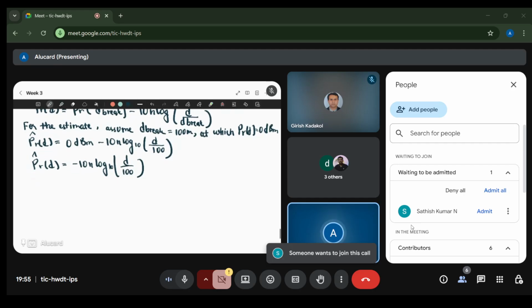Now you just have to substitute D is equal to 400 to find the estimated received power.